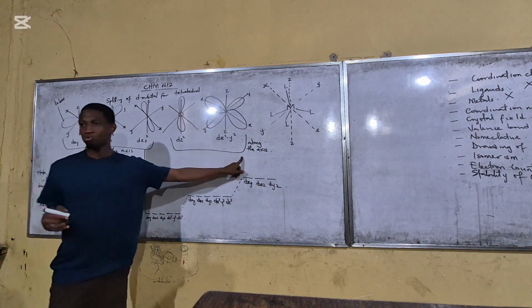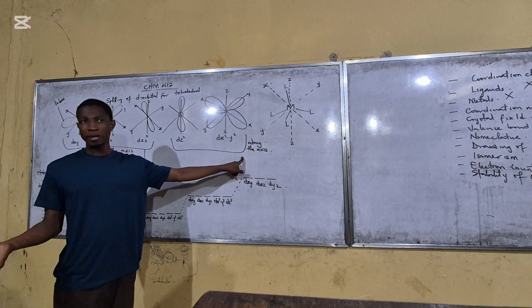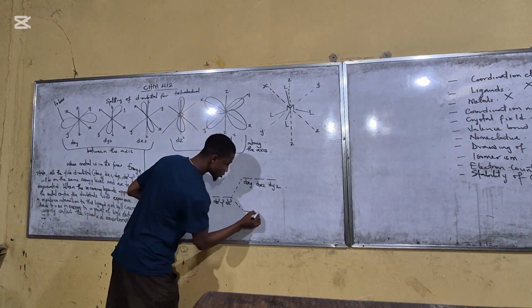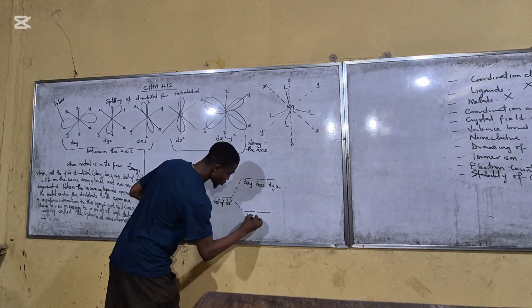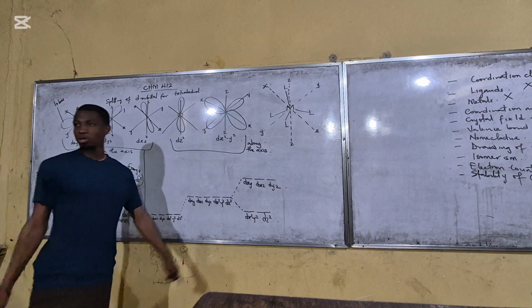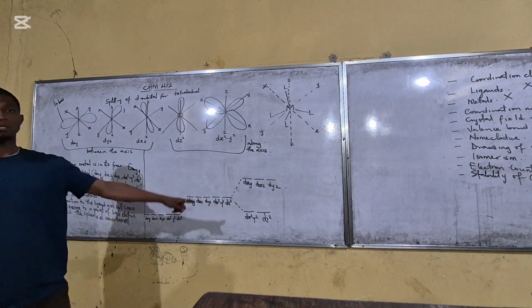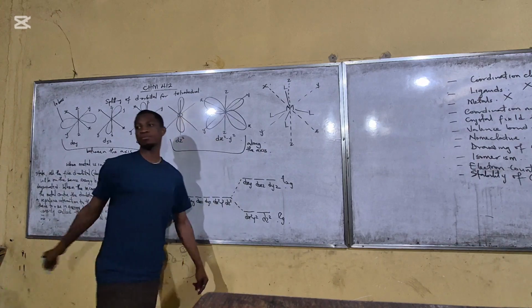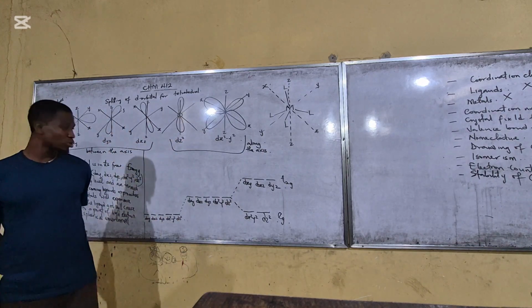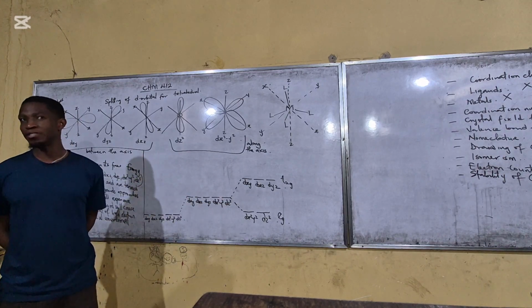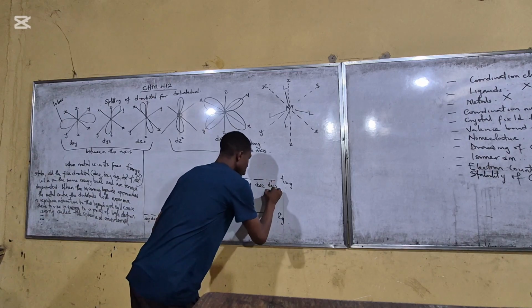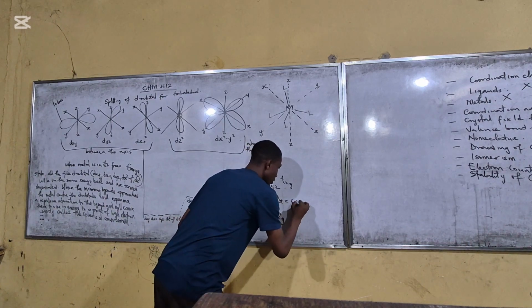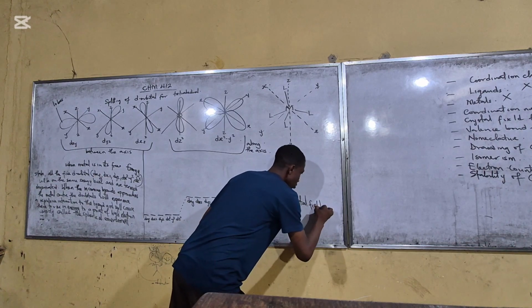These other two that are not experiencing any form of repulsion the way these ones are will fall in energy. That's the x squared minus y squared and the z squared, which will now cause the d orbitals to split into two sets that we call the T2 and the E. So this is the splitting of d orbitals for tetrahedral. And the energy difference between here and here is what we call delta T, the crystal field splitting energy for tetrahedral.